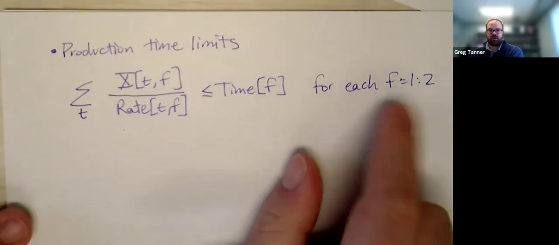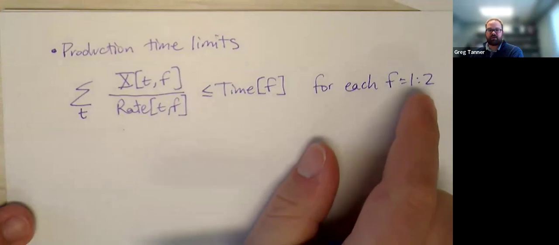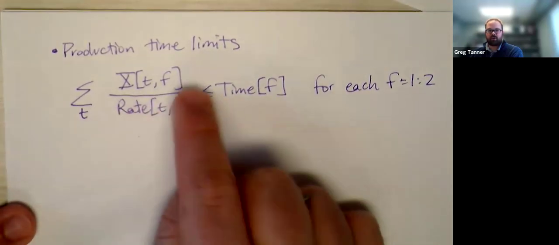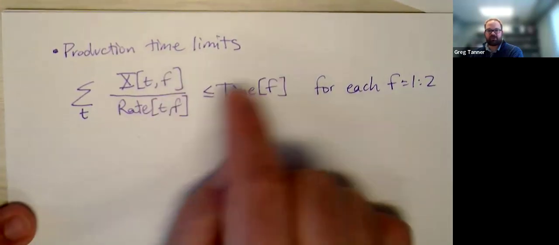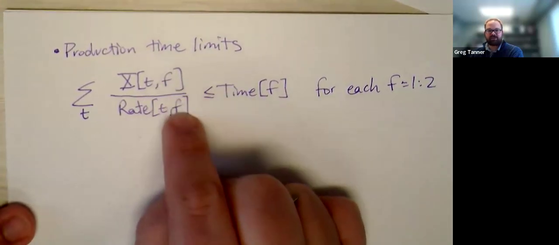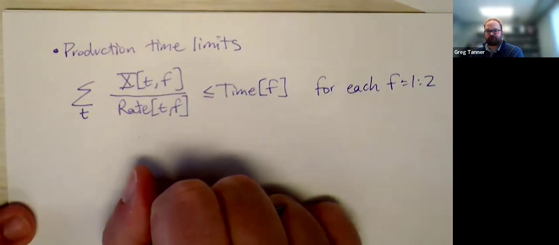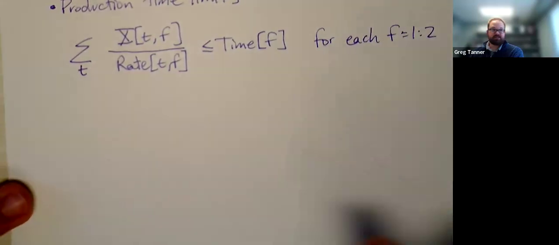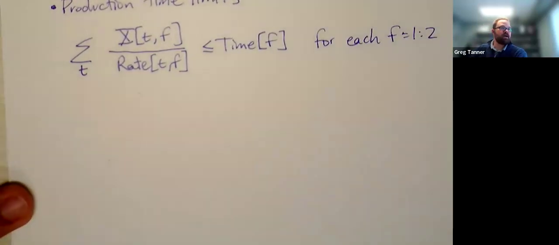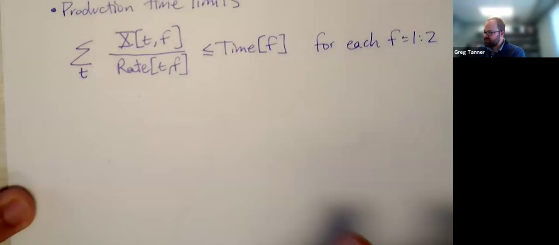So I'm going to get 2 copies of this constraint. I'm going to have this constraint for factory 1, where I replace the F's with 1s. And I'm also going to get this constraint at factory 2, where I replace the F's with 2. So that's the production time limits. Let's think about what else factors in as a constraint. And really, that's it.